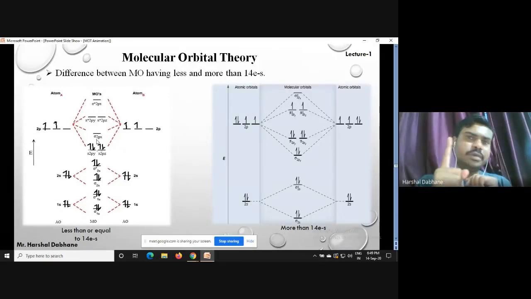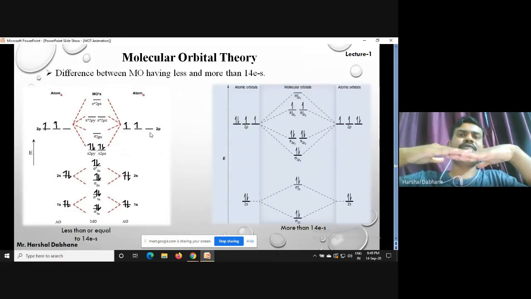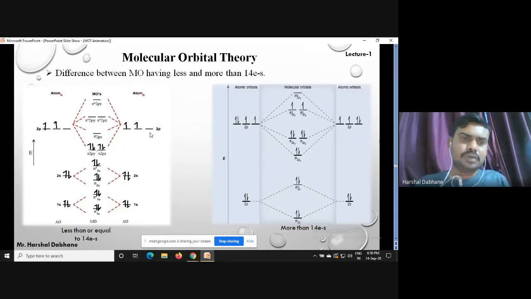So of these three orbitals, px, py, and pz, one orbital will overlap like this, so they can form a sigma 2px. This one is a sigma.